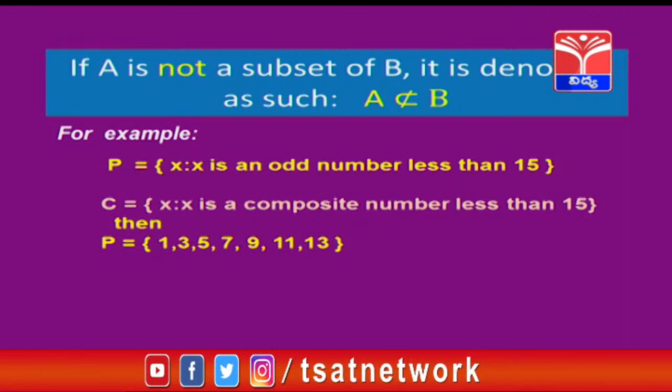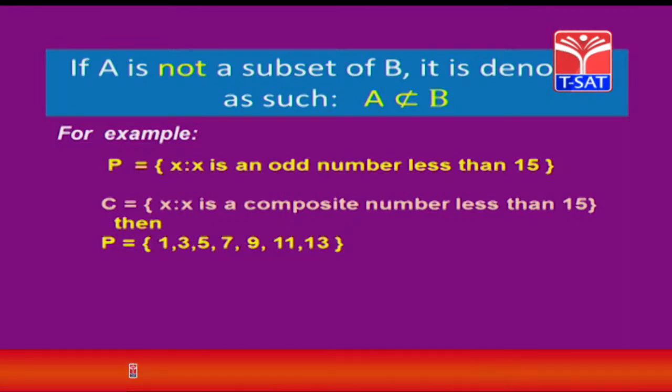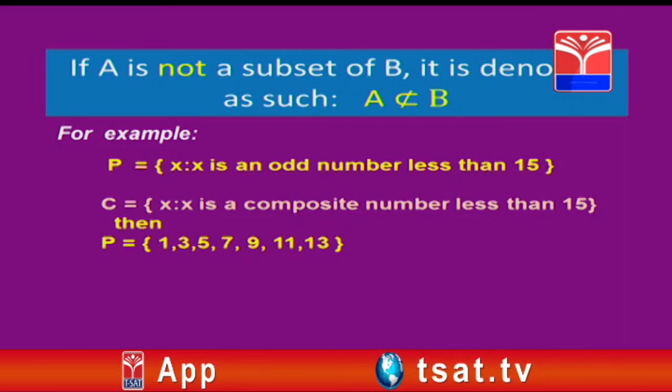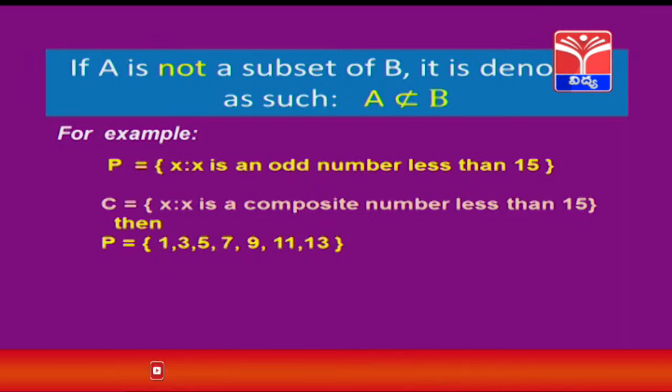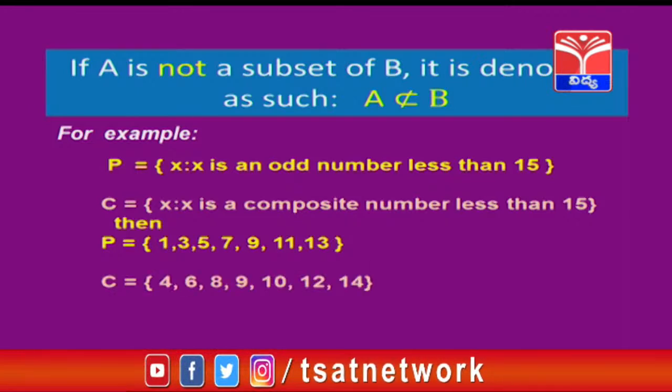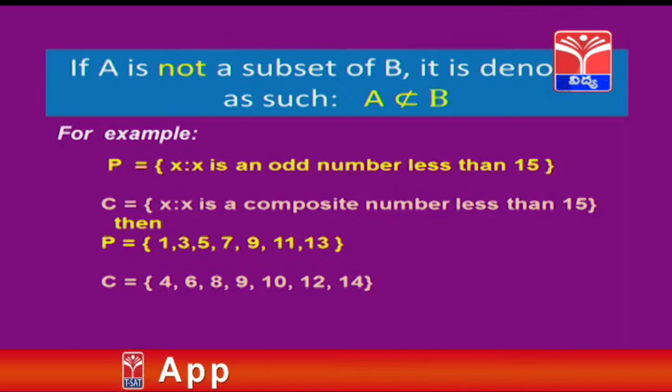The given sets are in set builder form, we have to convert them into roster form. If you convert them into roster form, then P is equal to the set {1, 3, 5, 7, 9, 11, 13}, you are not supposed to take 15. C, composite numbers start from 4: 4, 6, 8, 9, 10, 12, 14. Okay?